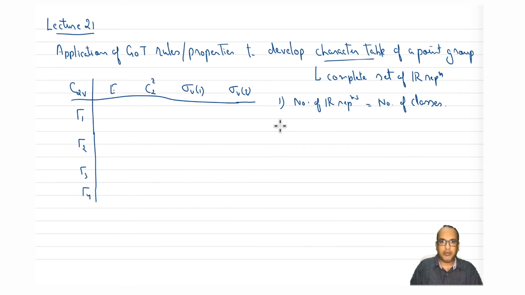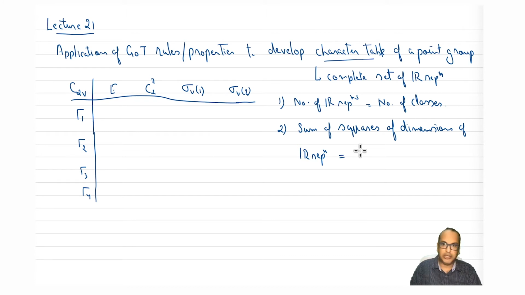Okay, so now another rule, which is I think property 1 which we said, which says the sum of squares of dimensions of IR representations is equal to H, right? So what does it mean?